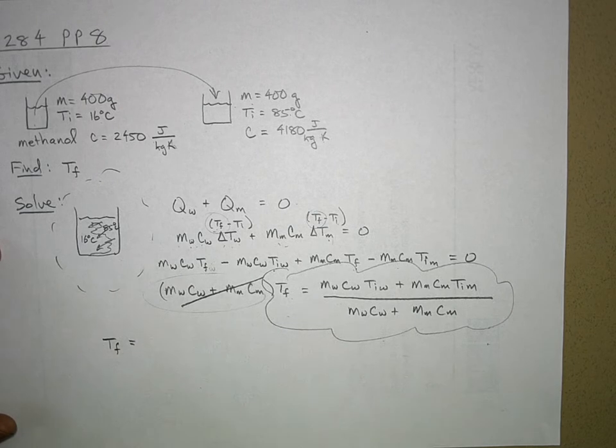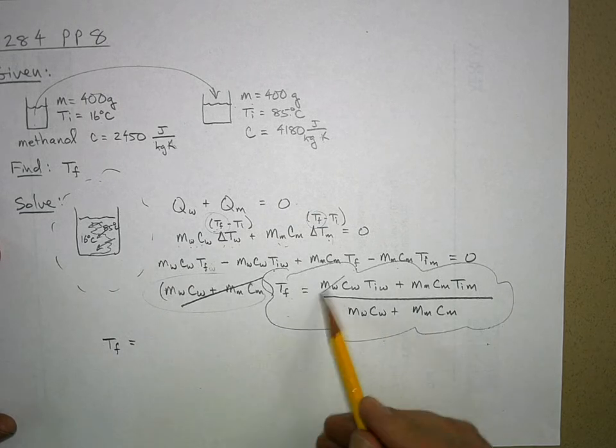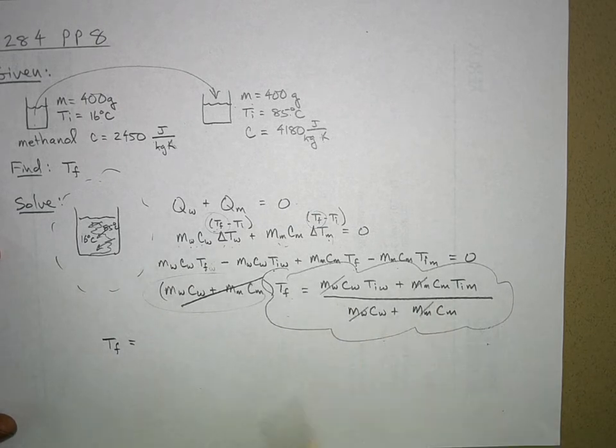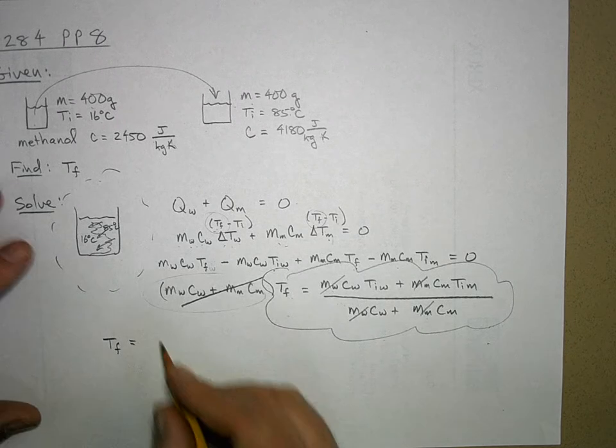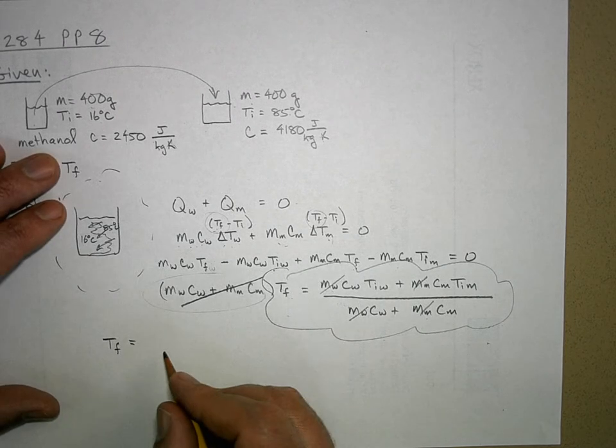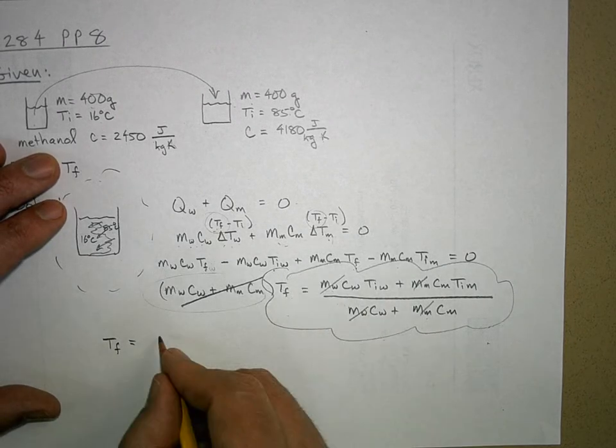And we can go ahead and cancel out the mass because the mass of the water and the mass of the methanol, they're both 400 grams. That makes it kind of nice. Makes it a little bit easier. So this is going to be for the water.